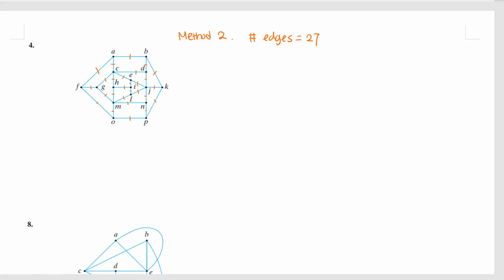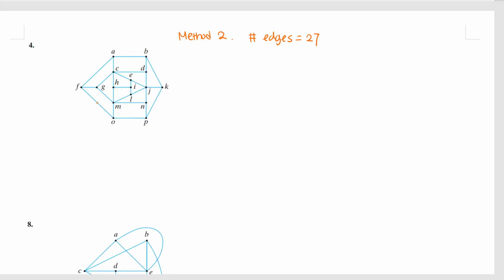So we have 27. If we have a picture with a lot of edges, we need to slow down, and you can put a little mark on the edges to count them. So we have 27 edges.